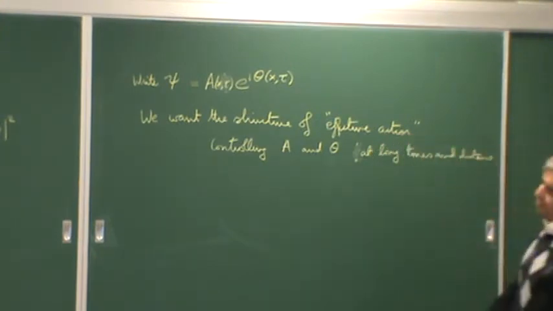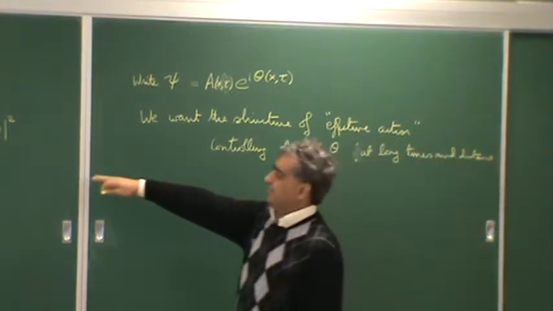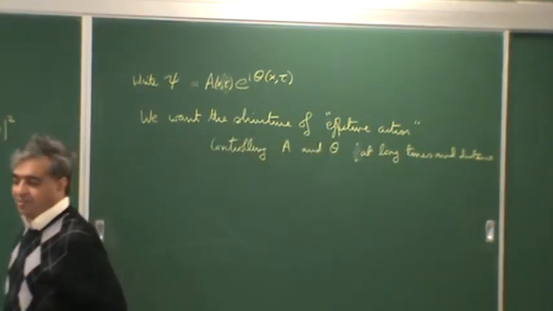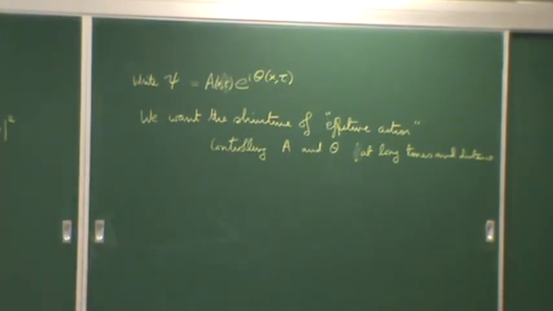Well, you say, wait a minute, I already know what happens at long distance. This is a quiescent condensate, and I want to know not just what's happening in the absolute ground state. I want to know something about some general variations close to the ground state.